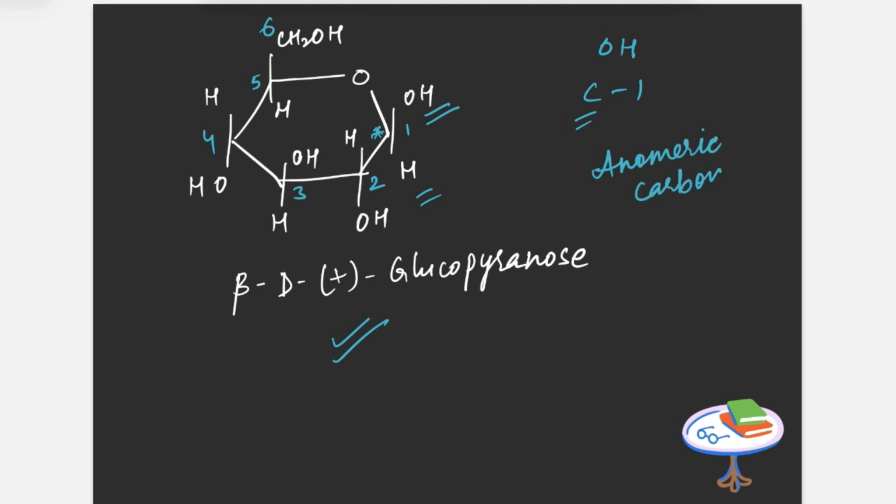The configuration of the OH group around this carbon is different in case of alpha and beta. This structure of glucose which is written here is known as the Haworth structure.